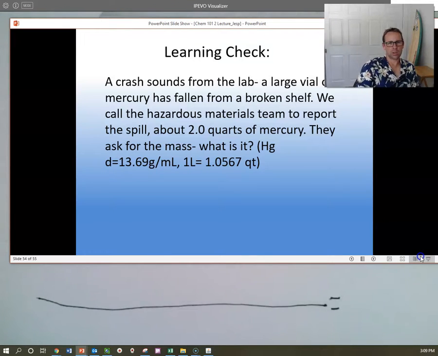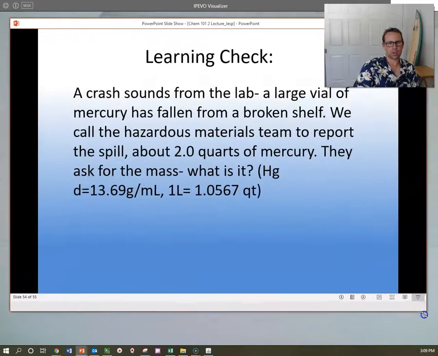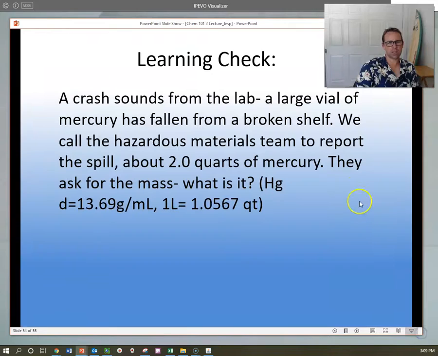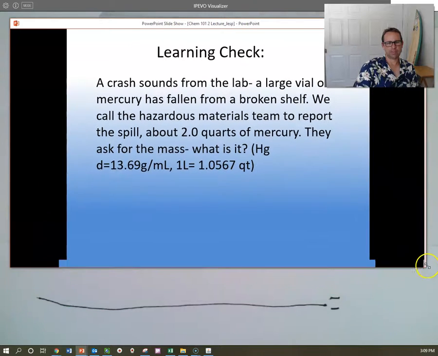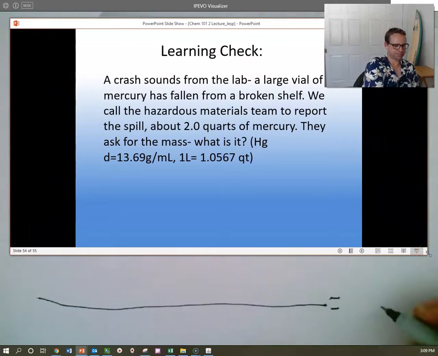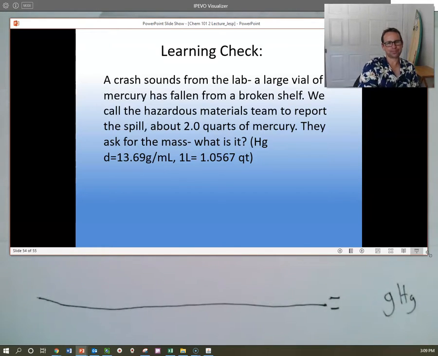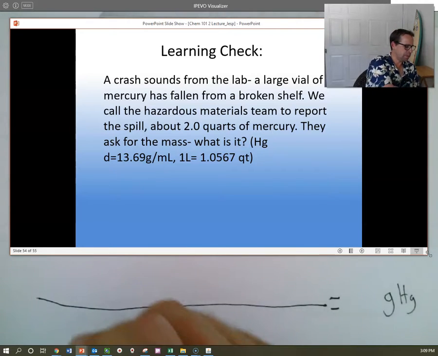Where are we looking for volume, right? What does it say? They ask for the mass. Oh, they're asking for the mass. Okay, so that's going to be in grams of Hg, grams of mercury. Very good. Okay. What goes to my top left?